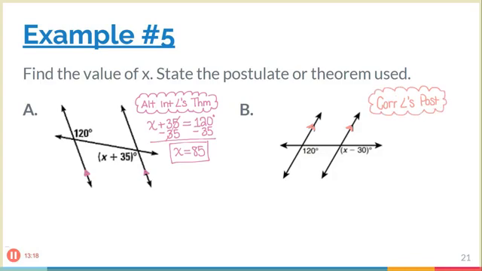And we know that corresponding angles are congruent, which means they are the same. Since they're the same, that means they are equal to each other. And so then I'm just going to set them equal and solve for x. So to undo subtracting 30, I'm going to add 30 to both sides, and x is equivalent to 150.